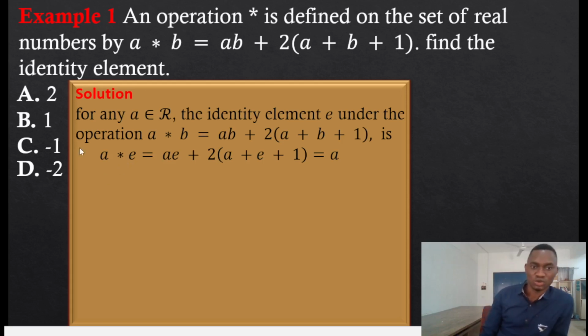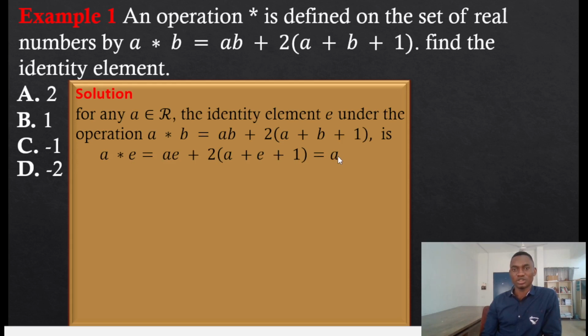All right. So we have A star E equals AE, no more AB, AE plus 2 into A plus, no more B, plus E now, plus 1, equal to A. You see?